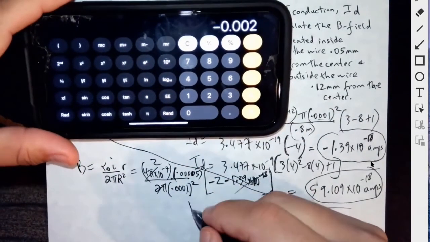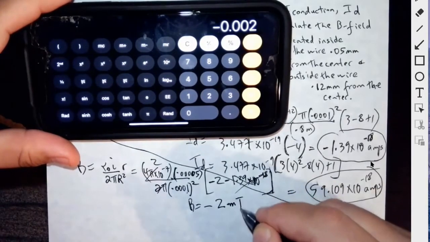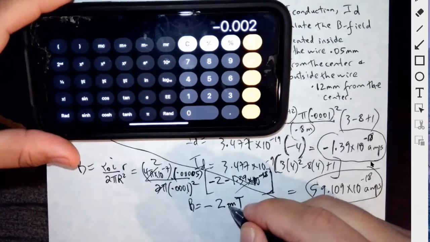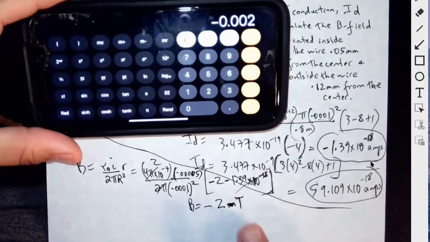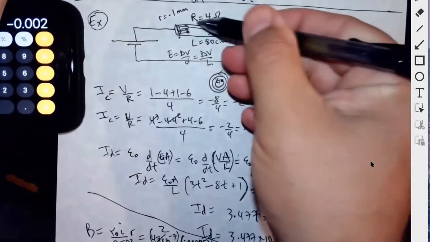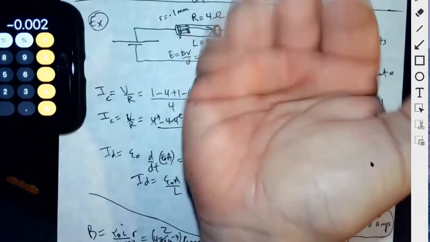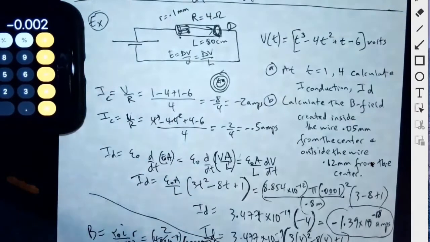Oh, that's pretty strong. -2 milliteslas, that's a pretty strong field, actually. The fact that it's negative means that since the current was flowing this way, the field is like this instead of like that.